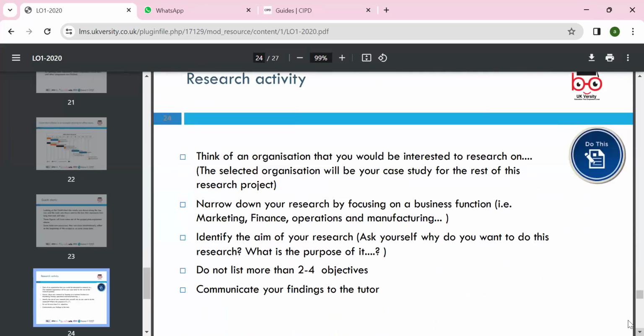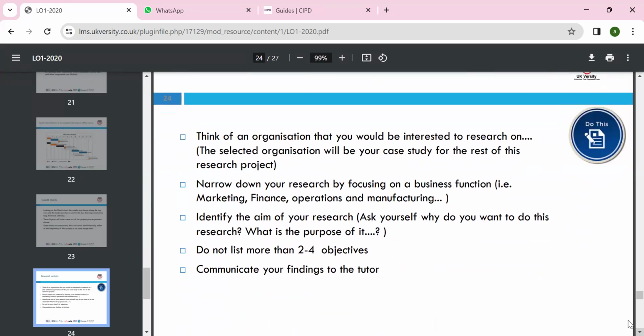So for the research activity, think about the organization you intend to research. You can choose Unilever, Next, Debenhams, or any company, or Unilever in various countries, in your own country. We can narrow down your research, focusing on a business function.